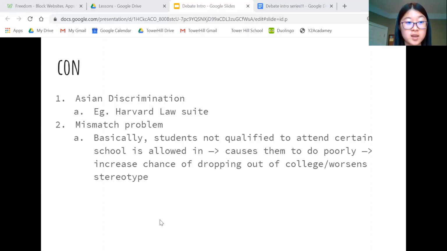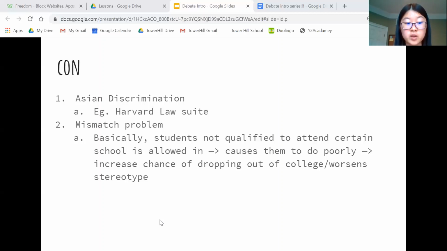And the second one is the mismatch problem. Essentially, students who are not qualified to go into elite schools end up going in because of affirmative action. But because they're not ready, they do poorly. And this increases the chance of them dropping out and could worsen the stereotype about this minority.